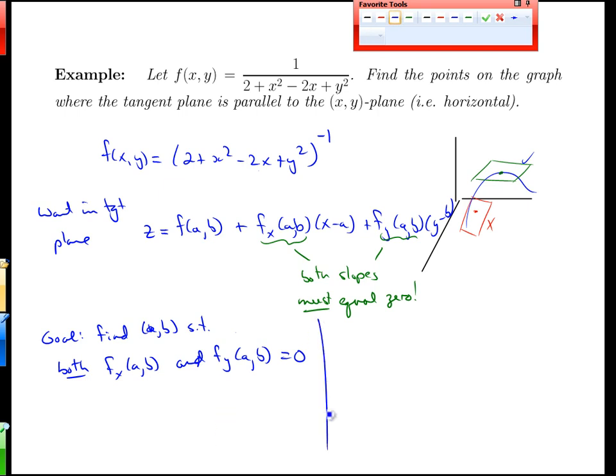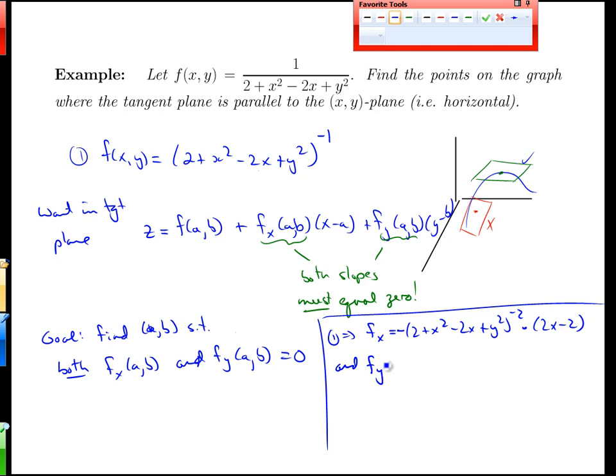All right, if that made sense, then what we need to do is get to our derivatives. So from our function here, by differentiation, we can get the x derivative, and that'll be all of that stuff to the negative 2, and negative, bring the power down front, subtract 1 from the power, times the derivative of the inside, which will be 2x minus 2.